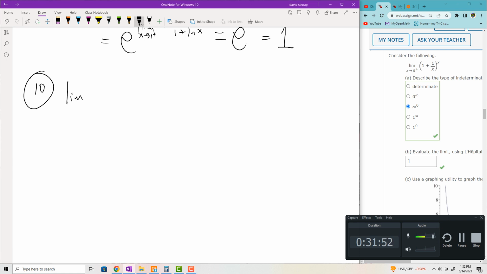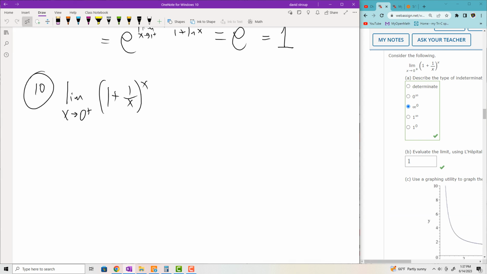So you have the limit as x goes to 0 from the right of 1 plus 1 all over x to the x. And you can see to the right the limit is going to be 1. Let me go ahead and compute it real quick, and then I'll maybe give you some hints. So I think this shouldn't be too hard. So I'll sort of set it up for you, at least in the beginning part.